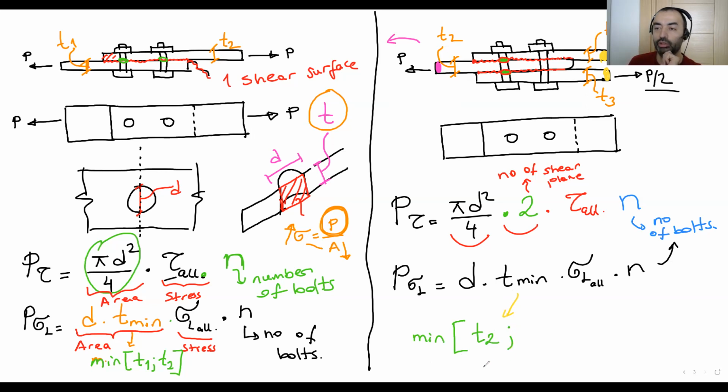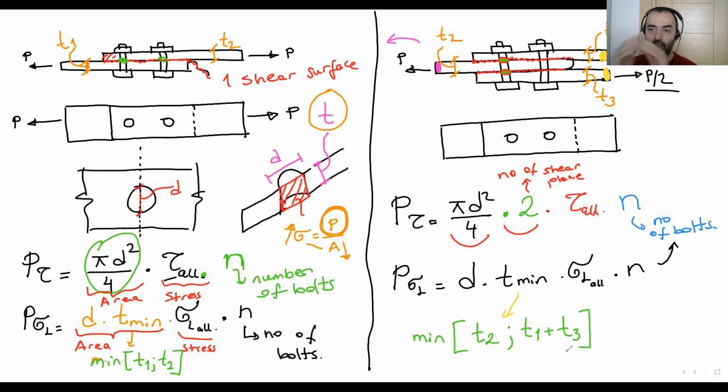Or for the right-hand side, the combined version, T1 plus T3. This is the main logic you have to know here.